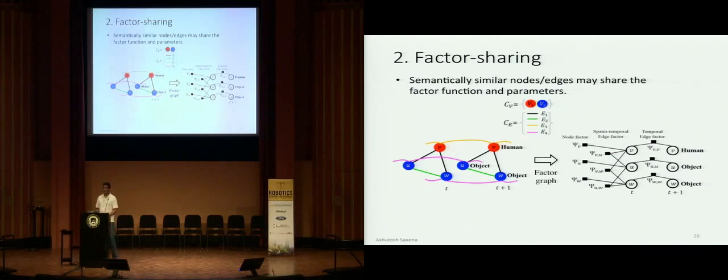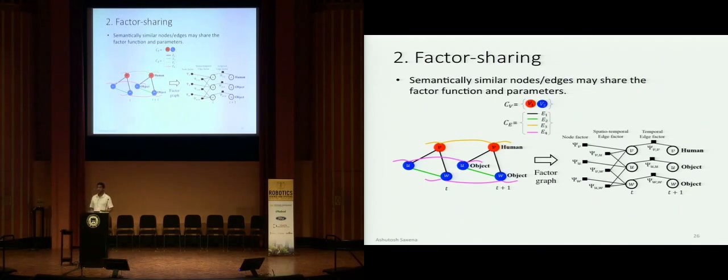So all you have to come up with is a set saying that, okay, these edges, this color and this color, are the same. It doesn't matter when they happen in time, as long as an object changes its properties in time to another object, the edges remain the same. You can sometimes even use the same type of edge for human to human. In this particular experiment, we just had a different category of these edges. Then you have human-object edges, which are different from object edges, and that's about it.